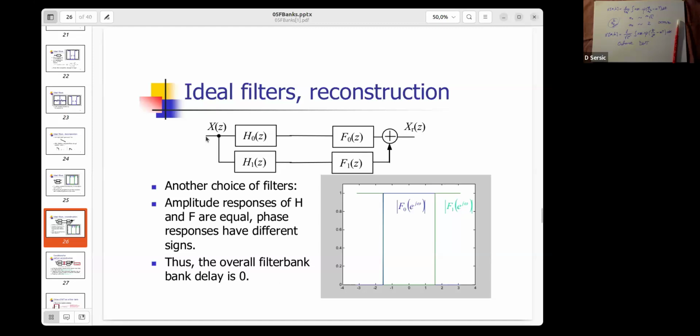But if you have a sequence of 1,000 numbers right here in image domain, you have 1,000 samples in upper branch and 1,000 samples in lower branch. So instead of 1,000 numbers, now we have 2,000 numbers. It doesn't sound like compression. It sounds that we have more and more data in the image domain.